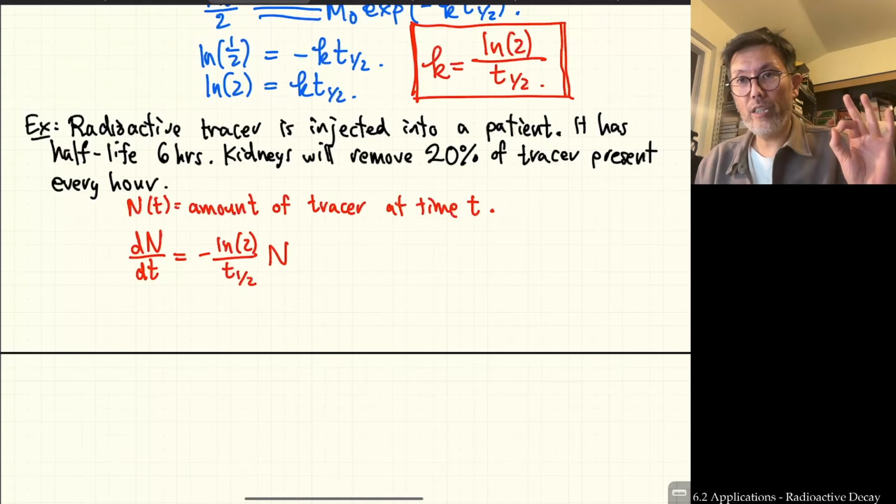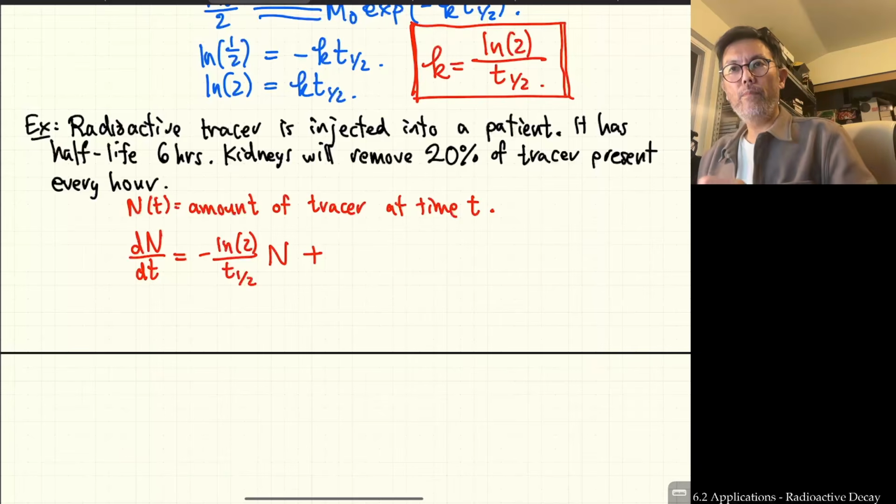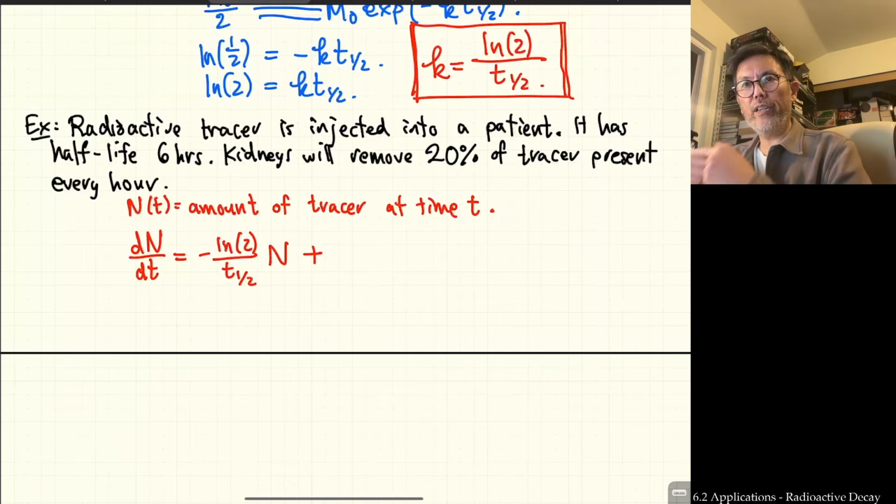And that's one contribution. And then we have another contribution coming from the kidneys, right? The kidneys are removing 20% of the tracer present every hour.